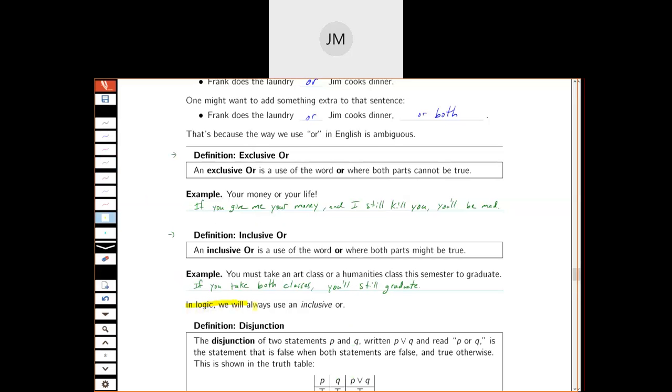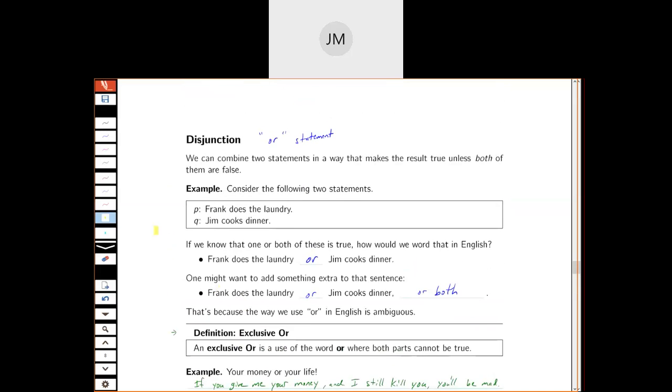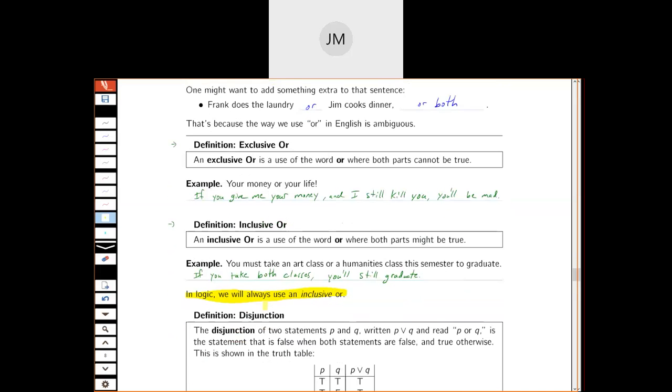In logic, we will always use an inclusive or. It's perfectly acceptable to have an exclusive or in logic, but that is a separate thing. We don't call that a disjunction and we don't use the same symbol.